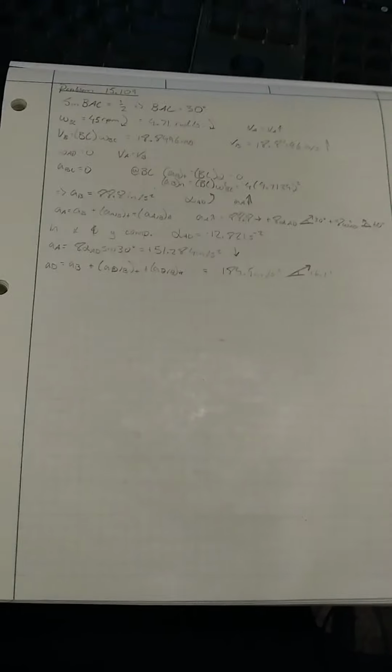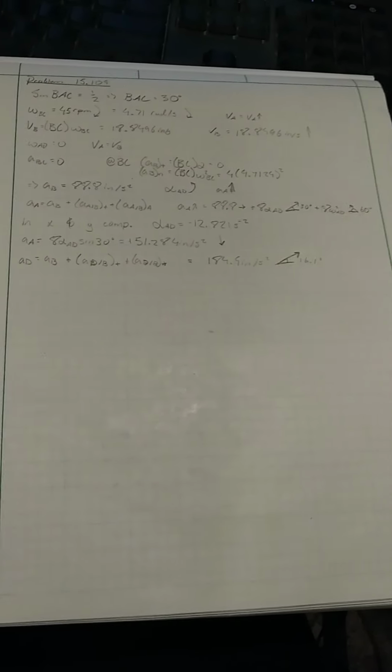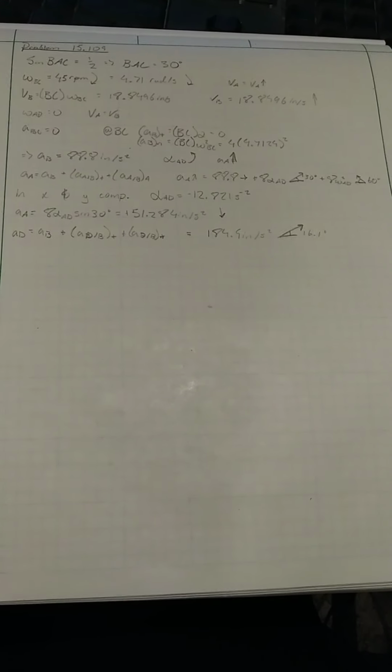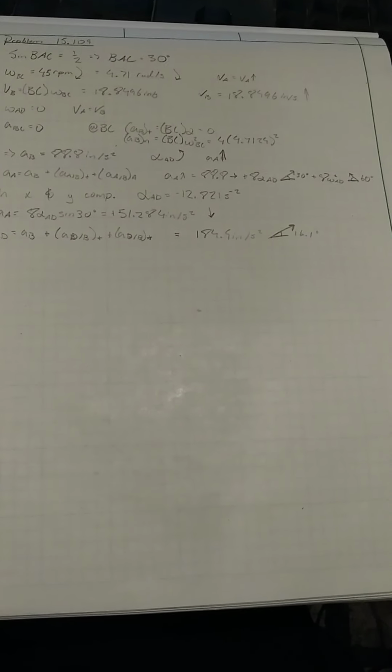And then we can substitute our known values in for that equation and solve that to get our a sub A, which is 51.3 inches per second squared downward. And then repeat the process with our equation for a sub D and get that a sub D is 184.9 inches per second squared at 16 degrees up and to the right.